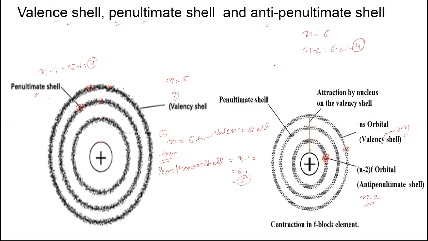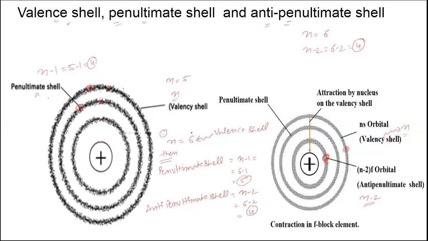For anti-penultimate shell, we know it is 2 before the valence shell. So value is n minus 2, 6 minus 2, that is 4.